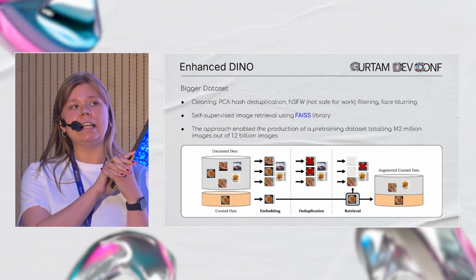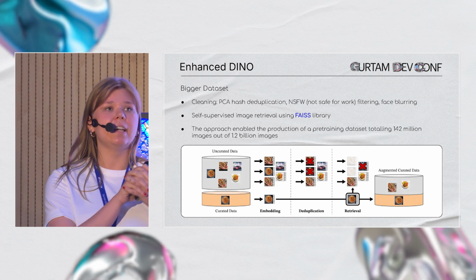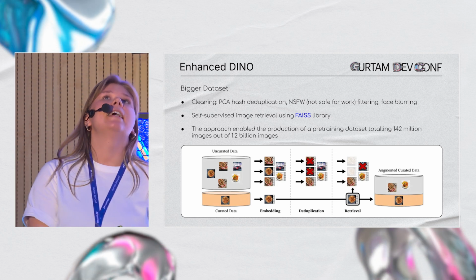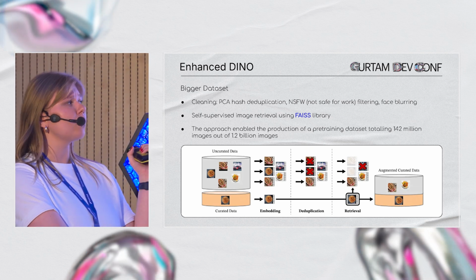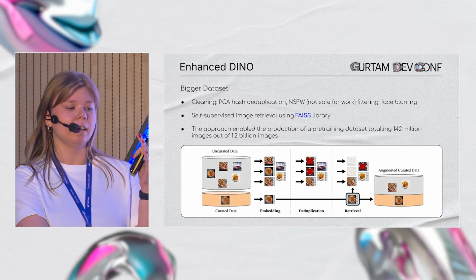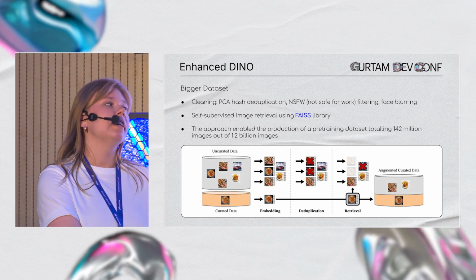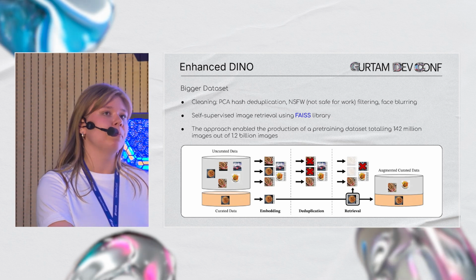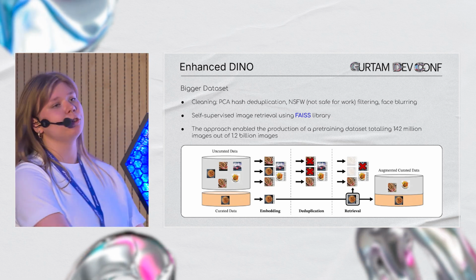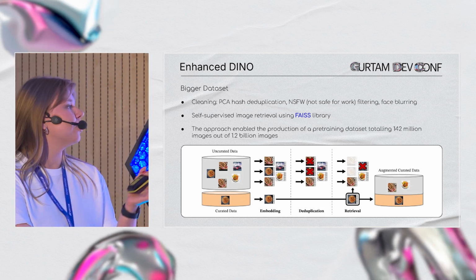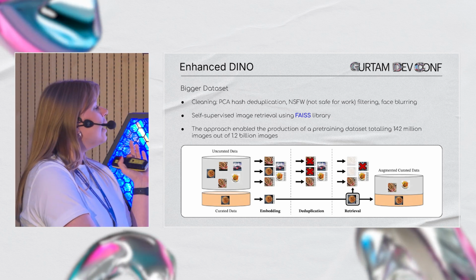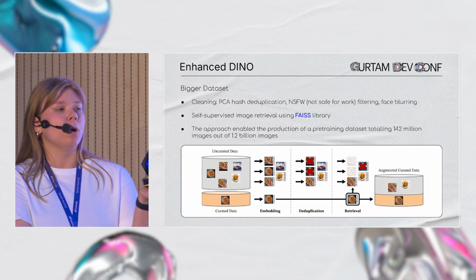The FAISS library is a library by Meta AI that helps you to find the data samples that are really similar to your anchor sample very fast. It's written in C++, it's open sourced, so it's a pretty good library, you can check it out. And the approach was the following.